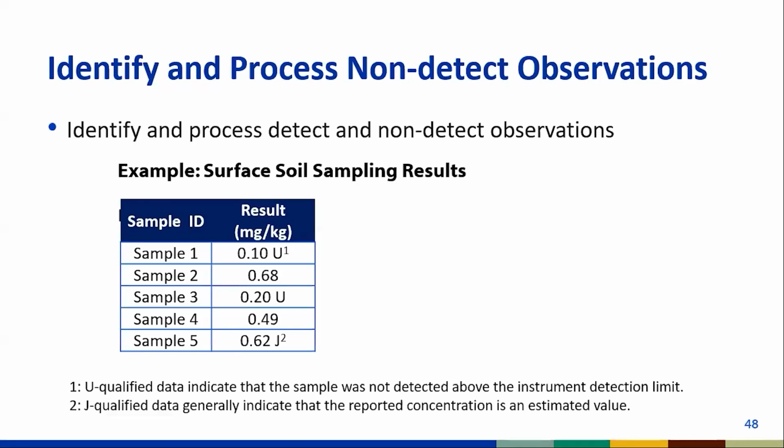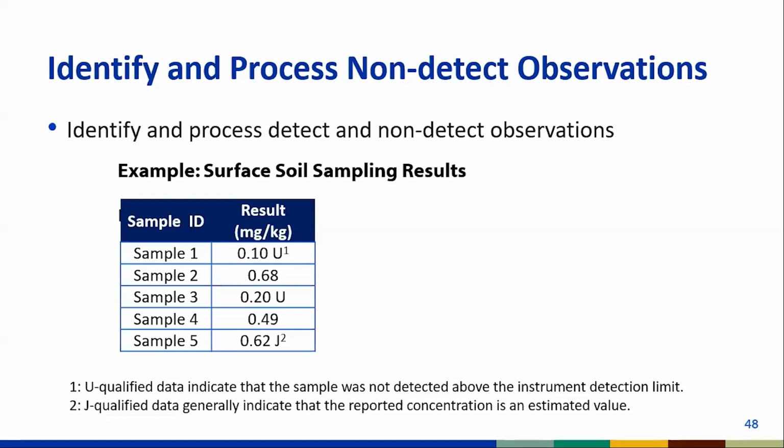The table on the left displays the original laboratory results for 5 surface soil samples, reported in milligrams per kilogram. Samples 1 and 3 are non-detect observations marked by a U qualifier. U qualified data indicate that the sample was not detected above the instrument detection limit.